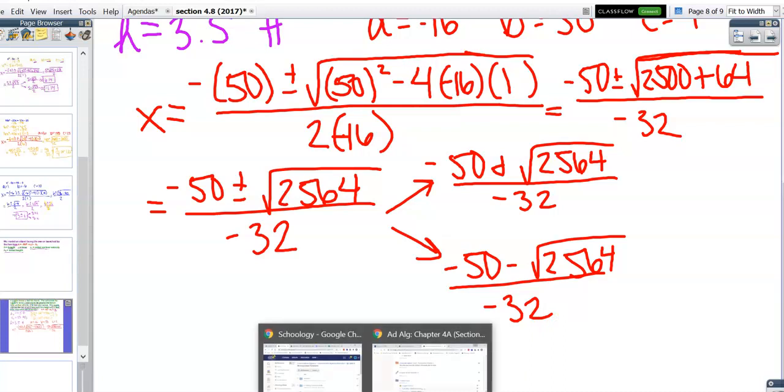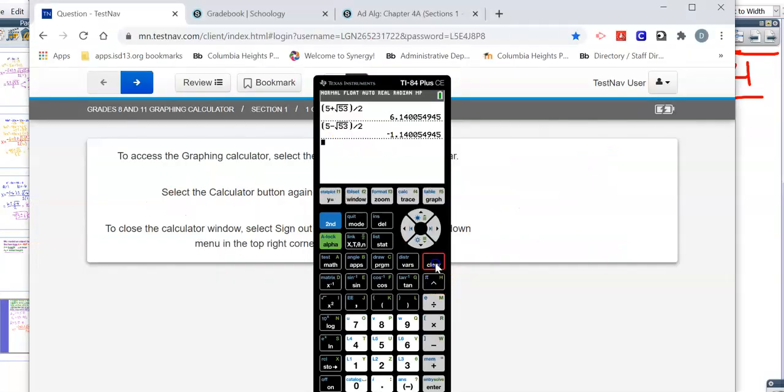Let me pull it up. So the first thing we want to do, negative 50, but put it in parentheses, and then plus the square root of 2,564, and divide by negative 32.